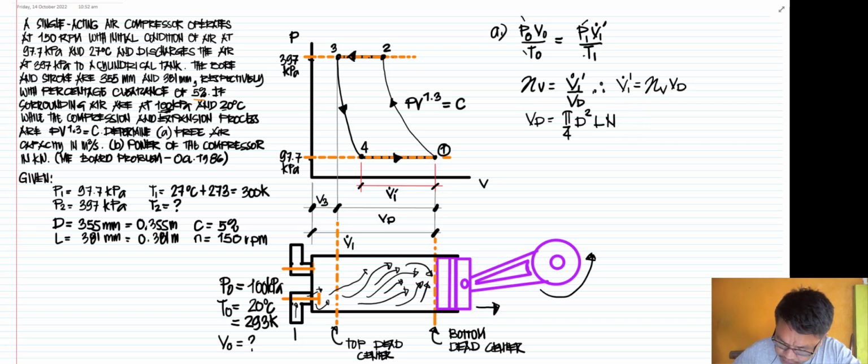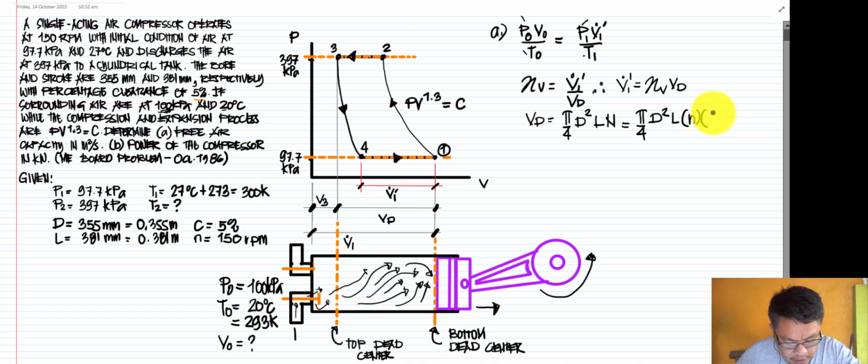And we can further express this equation as pi over 4. So we have your d squared, and we have your length of stroke times your N, and the number of your, if it is double acting or single acting.